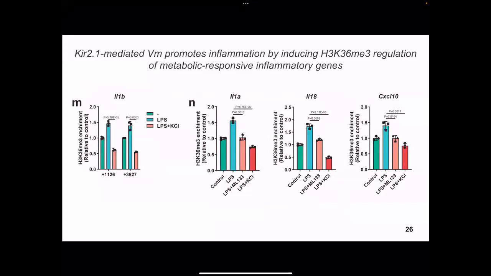So this data suggests that KIR2.1 repression leads to the depletion of the intracellular SAM pool, and this SAM is critical to fill the histone methylation marks, at least including H3K36 trimethylation, and thereby limits the epigenetic imprints of these metabolism-responsive inflammatory genes.